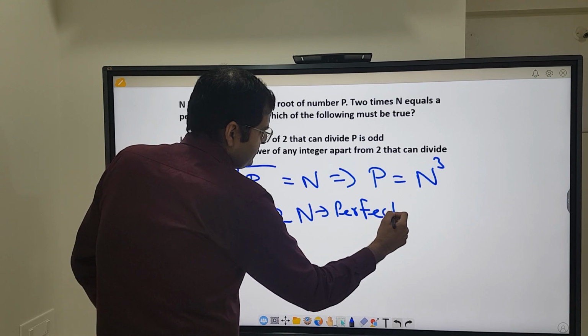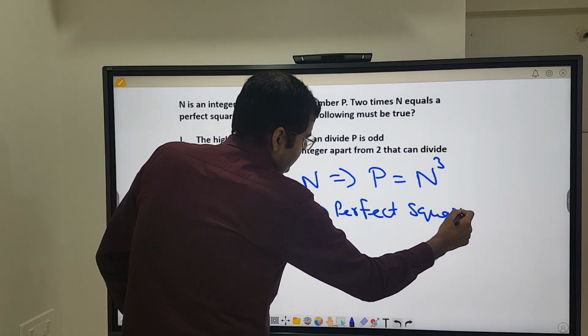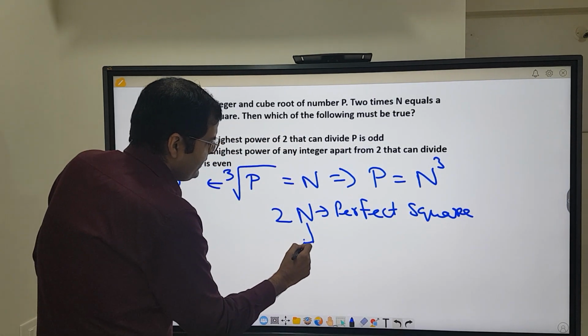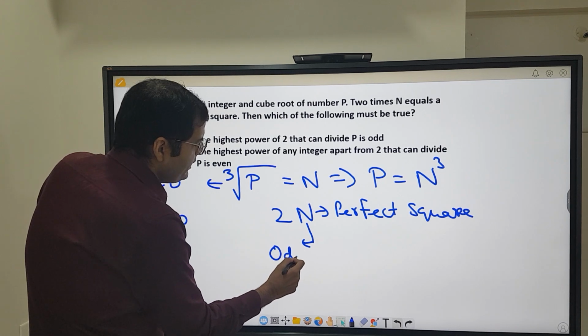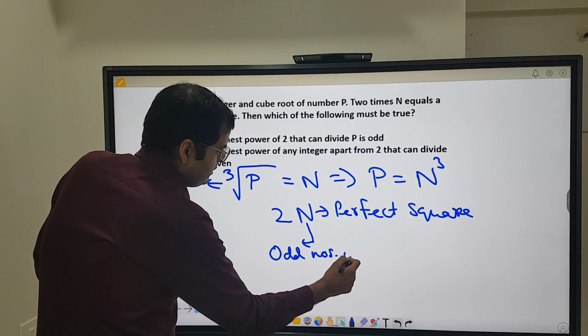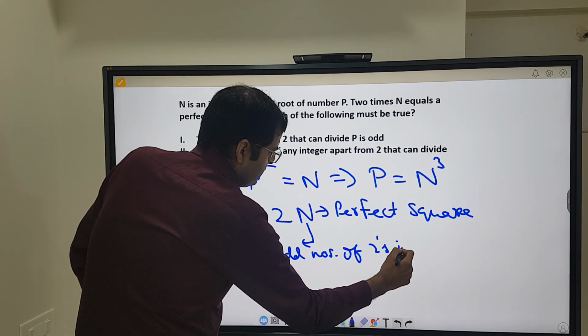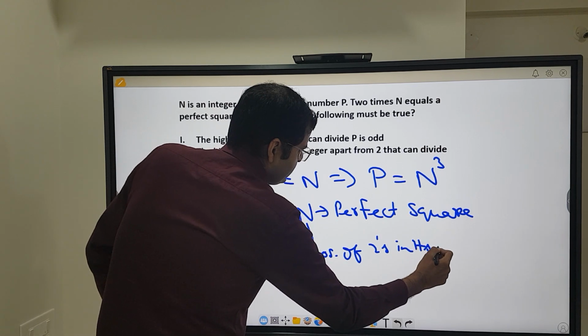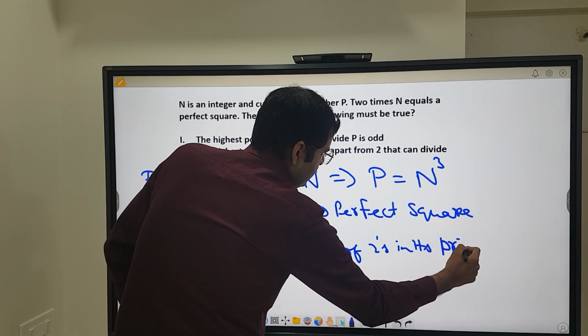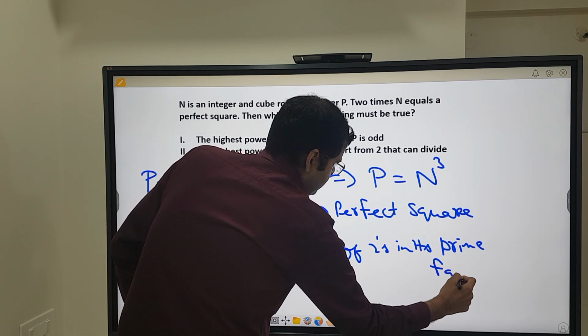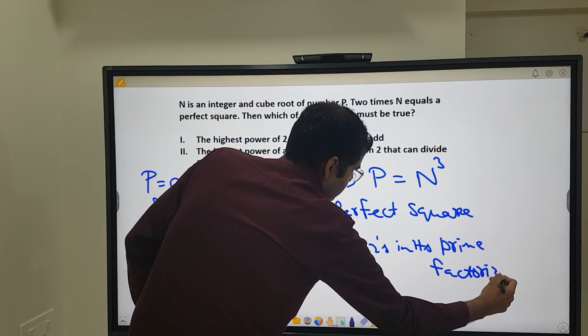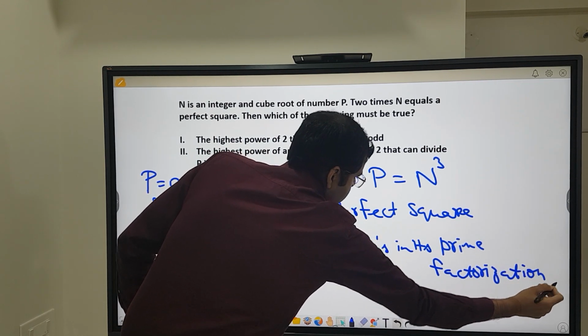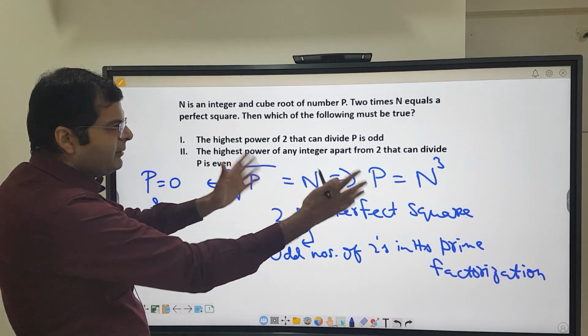That means n contains an odd number of 2's in its prime factorization. Why an odd number of 2's? Because I am multiplying it by 2 to get a perfect square.